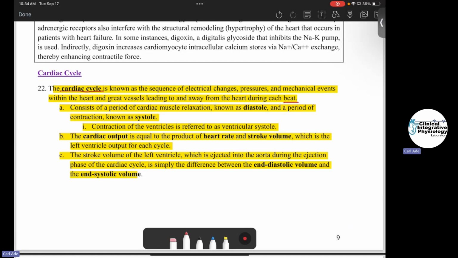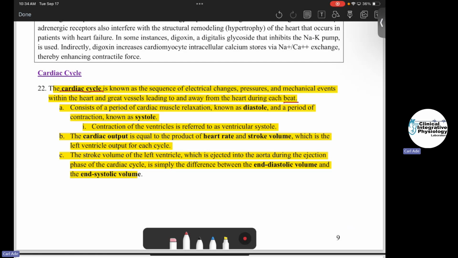When we're talking cardiac cycle, we're talking about a single heartbeat. We've got a period of diastole, which is relaxation, and systole, which is contraction. And if we say ventricular systole, we're talking about just the ventricular tissue contracting, and atrial. And it's important that we distinguish those at times. Cardiac output, we know, is heart rate times stroke volume. And that stroke volume is the volume of blood ejected with each beat, with each phase of the cardiac cycle.